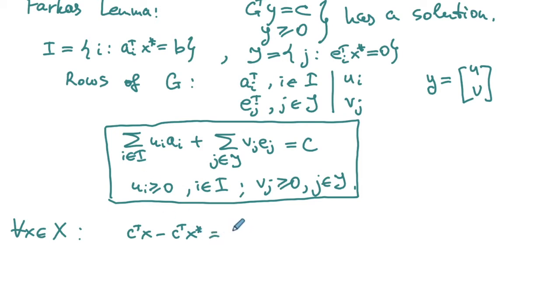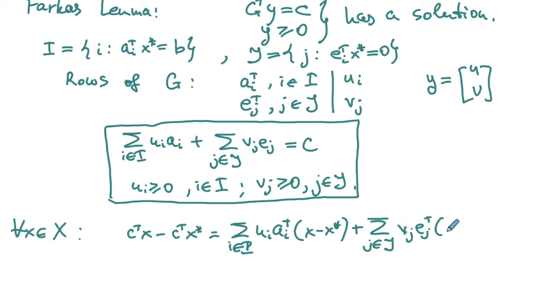So it's going to be the summation of u_i's a_i transposed times (x minus x star) plus the summation for j's of v_j's e_j transposed times (x minus x star). Now we know that a_i transposed times x star is equal to b, and then e_j transpose times x star is equal to 0, right?